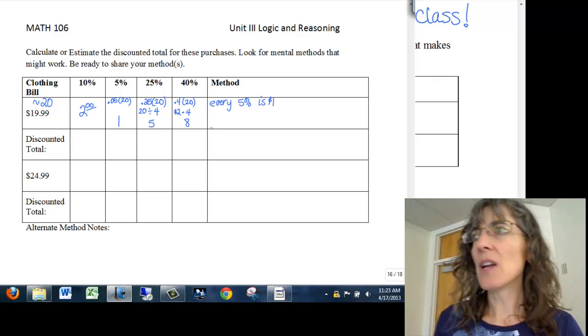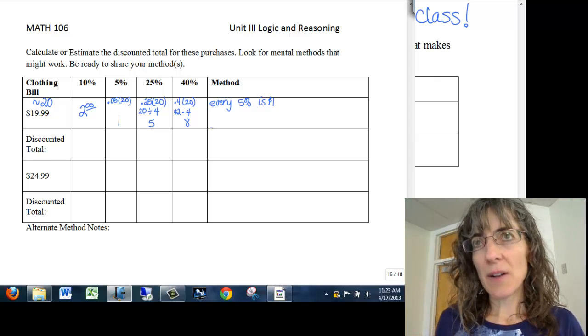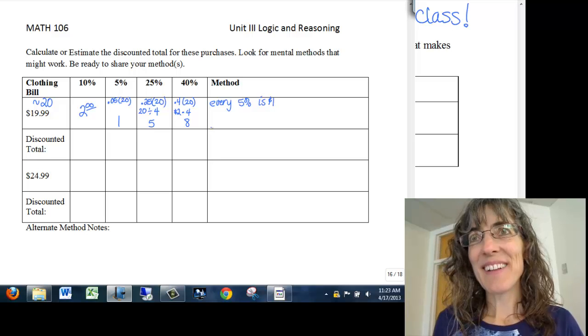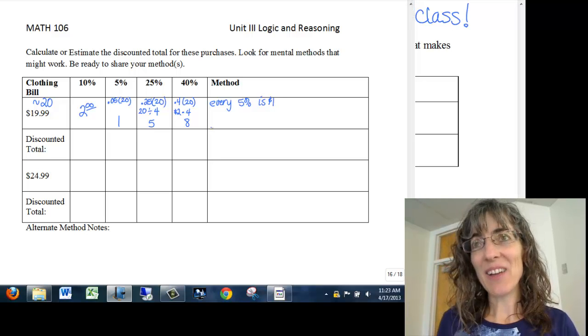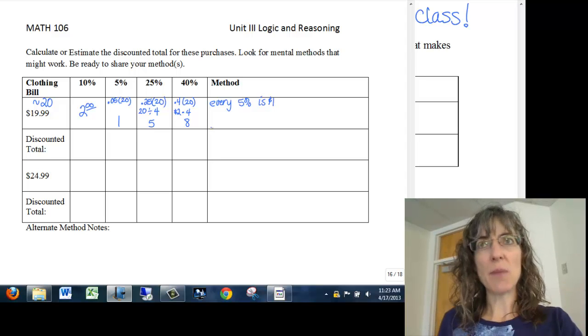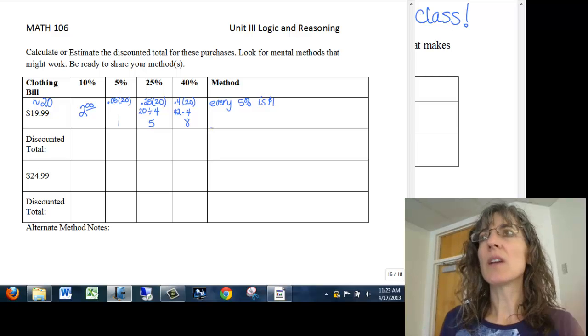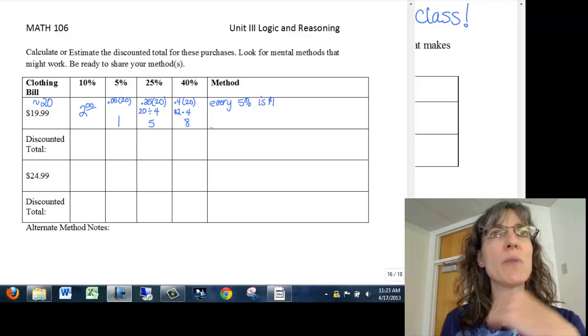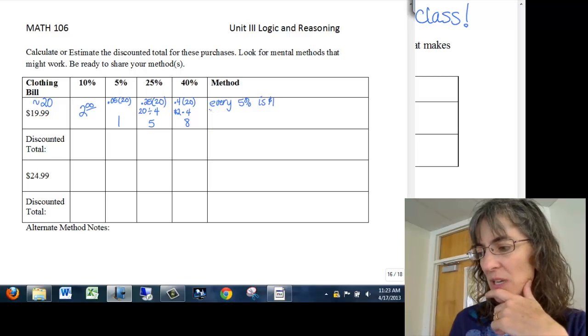Good. Any others? Every 10% is $2. Okay, every 10% is $2 and we need how many 10%? 4 of them. Good. So same multiplication, but come at it from a different angle. That's good. Okay. And what else do we have? Somebody told me this over here.